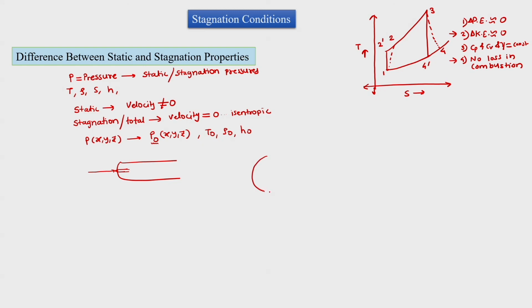So if I take a cylinder or sphere and flow is flowing over it, and then I measure pressure at, suppose, 3 locations, 1, 2 and 3. At location 1, flow would directly come to rest since it is a stagnation point.